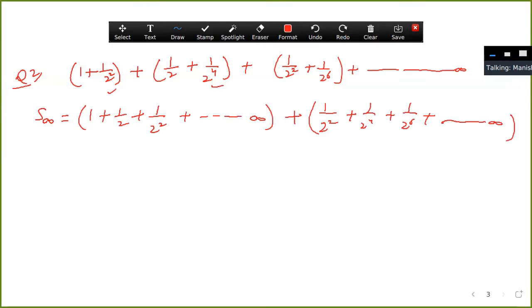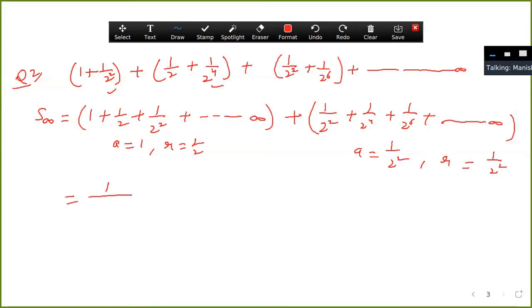Now here you can see the a of the first group is 1 and r is half, which is less than 1. In the second sequence, a is 1 upon 2 square, and r is also 1 upon 2 square. Now apply the formula. What you will get? a upon 1 minus r.